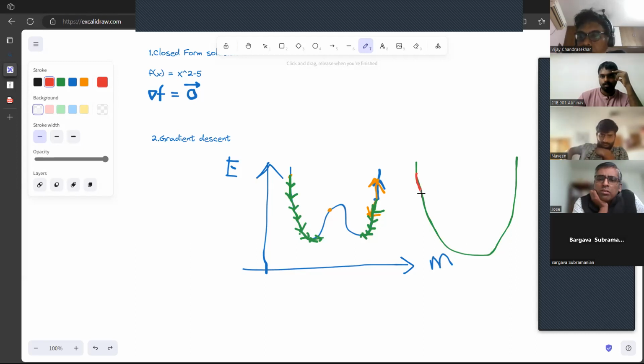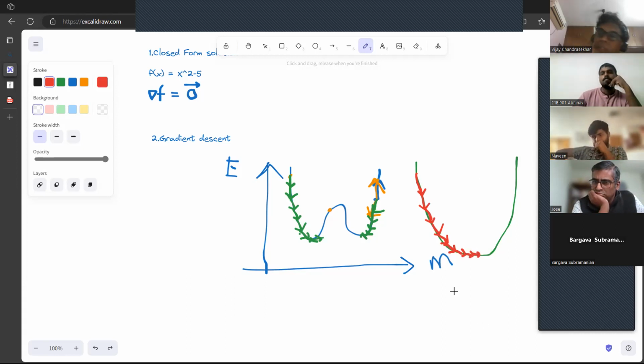Keep coming down. Good. Make it a little smaller so that people understand that the size of the vector will keep decreasing depending on the slope, and finally reach that point where the slope is 0. Now that's the minima if you start there. Now try doing it on the other side.